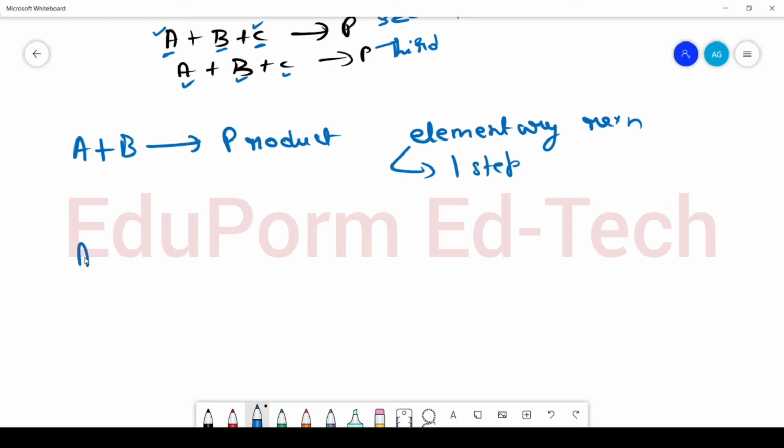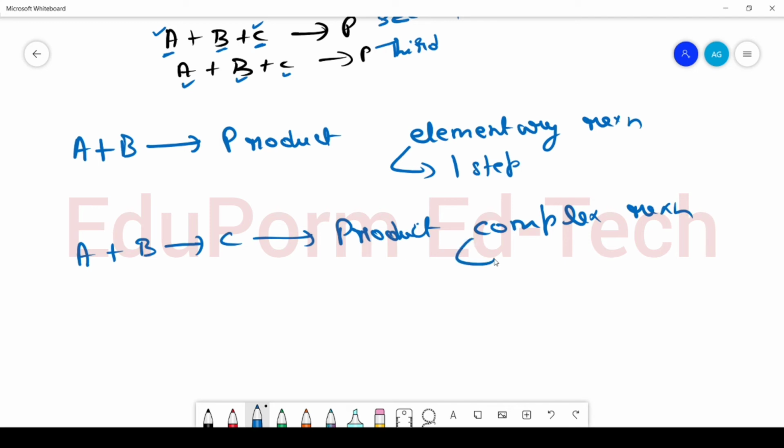Whereas there are most of the reactions in which first an intermediate is formed and then that intermediate converts into the product, and such reactions are called complex reactions. And these complex reactions usually occur in more than one step.